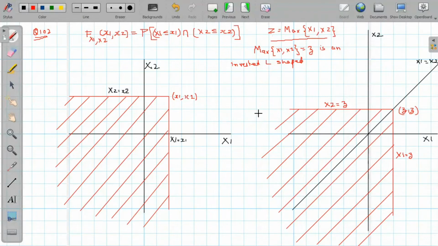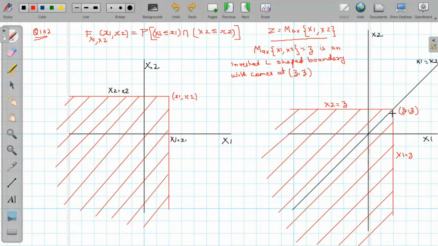Similar to this boundary here, we can draw a boundary here. It is an inverted L-shaped boundary with corner at z comma z.